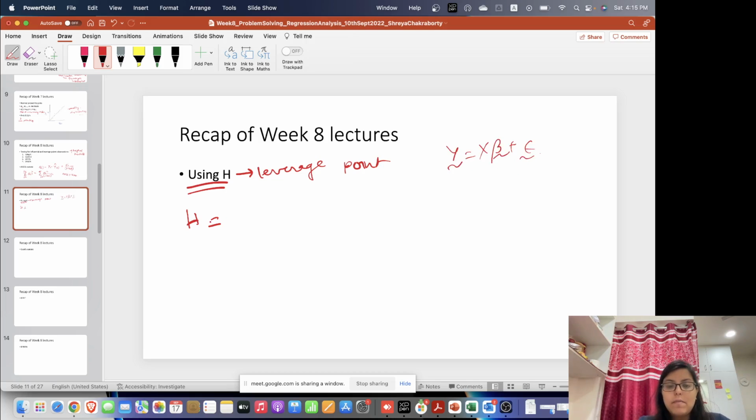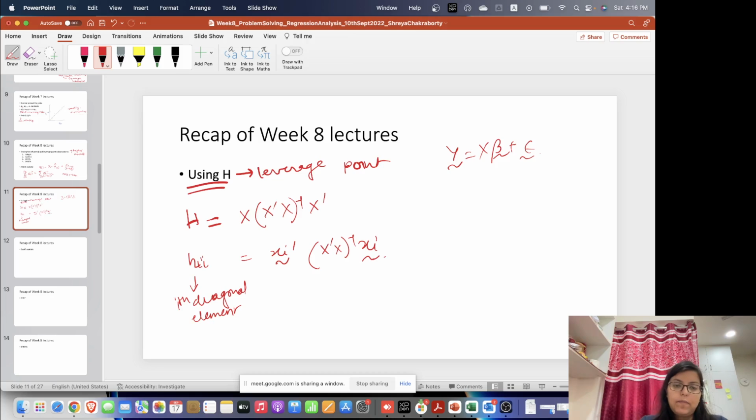The hat matrix is calculated as x into x transpose x inverse x transpose, and the ith diagonal element can be written as xi transpose x transpose x inverse xi, and we have already learned what it measures, the distance.